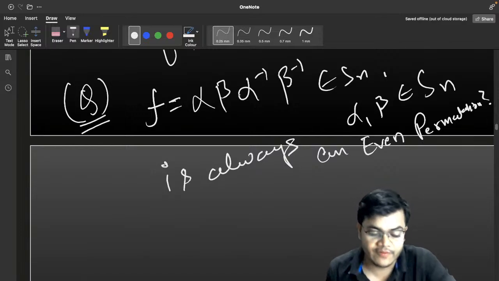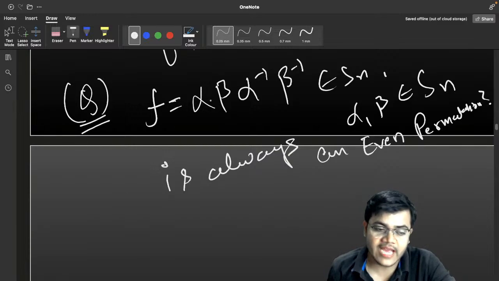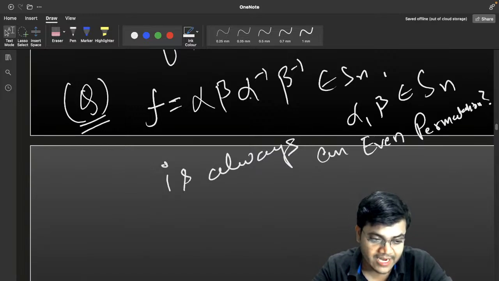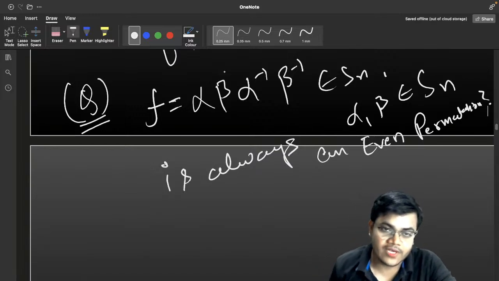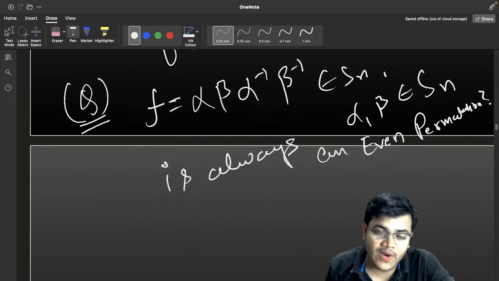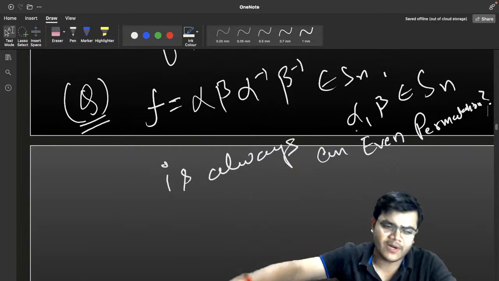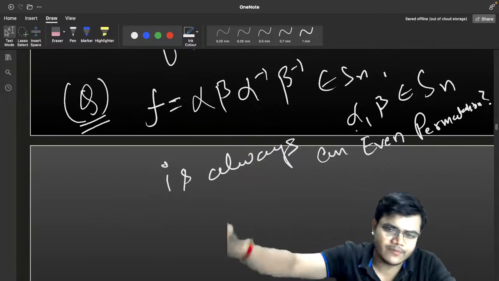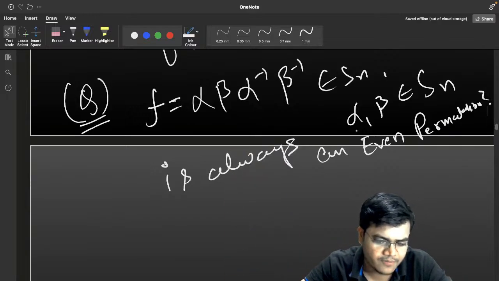Certainly it will clear everything, and if you really give the correct answer of this, then it will help you to understand many things which are really important. So f is alpha beta alpha inverse beta inverse from Sn, is it always an even permutation? Do you dare to say this, that always even permutation, no matter alpha is odd, beta is odd? What do you think?